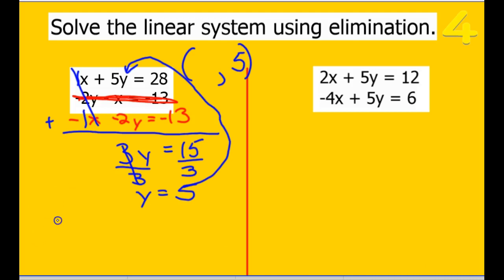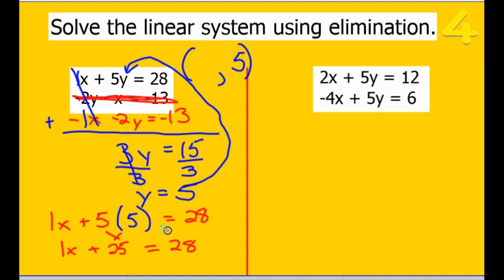So we get 1x plus 5 times 5 equals 28. Well, 1x stays the same, so we bring that down. Plus 5 times 5, that's 25, equals 28.